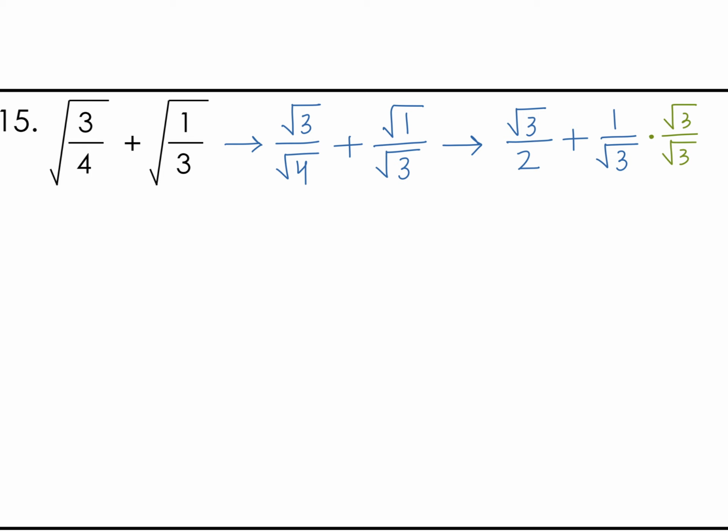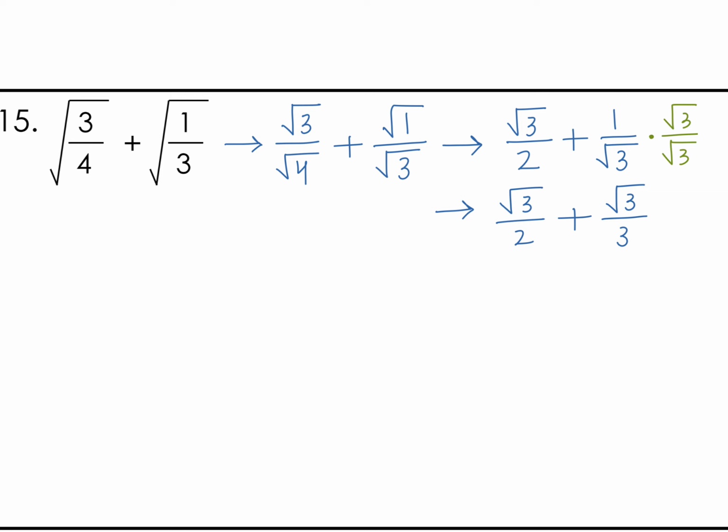Okay, so when I do that, I'm going to end up with my first fraction being the same, that square root of 3 over 2 plus, and now we're going to have the square root of 3 in my numerator, and the square root of 3 times the square root of 3 will give me 3 in my denominator. So like the previous problem, we need these two fractions to have the same denominator.